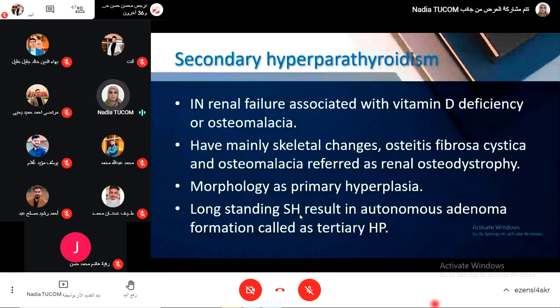What is the PTH level in the tertiary type, high, low or normal?